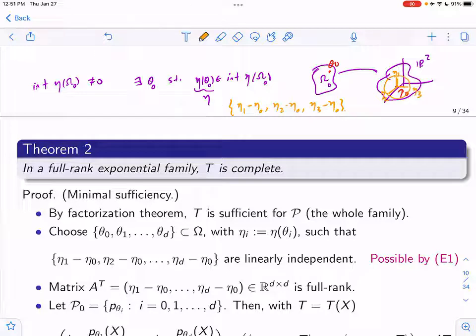Is this clear? The non-emptiness of the interior here is key. Okay, so I have that.